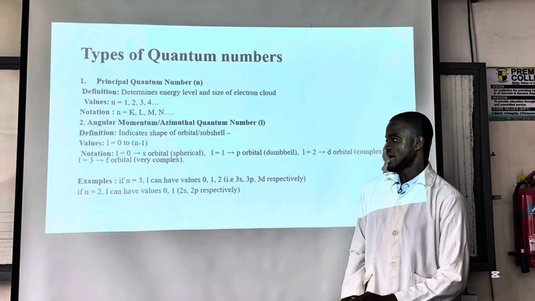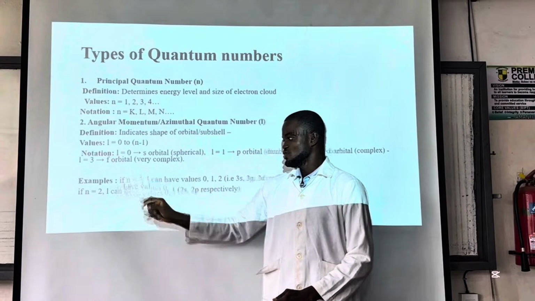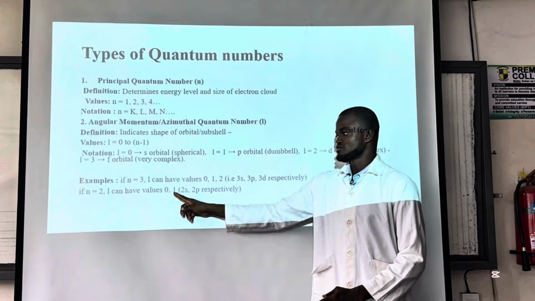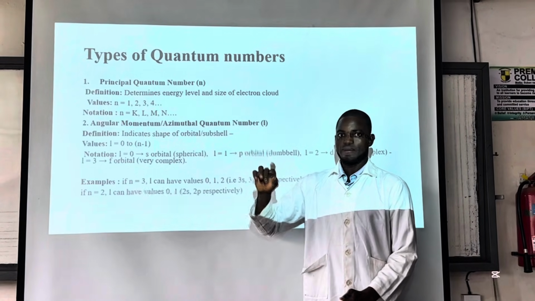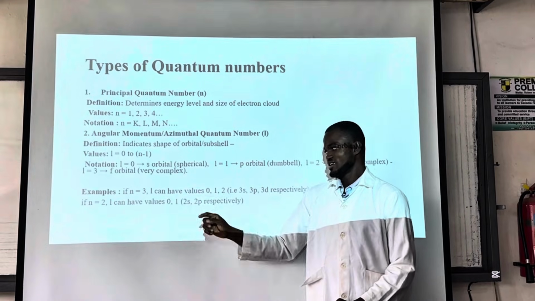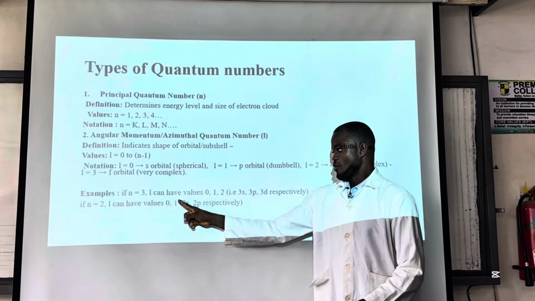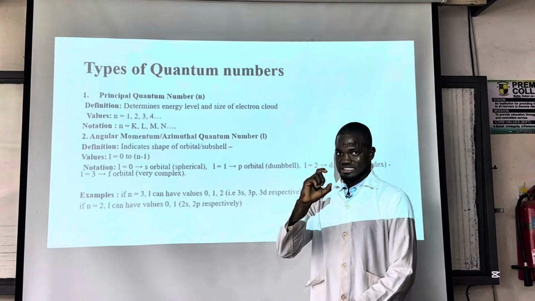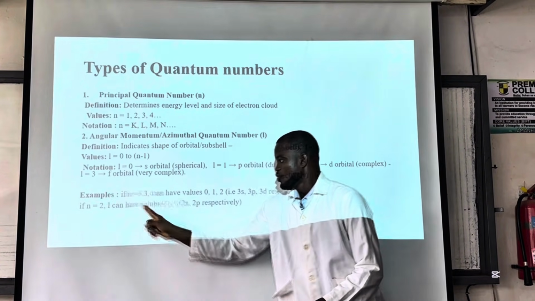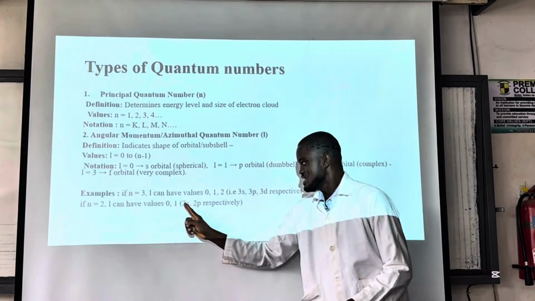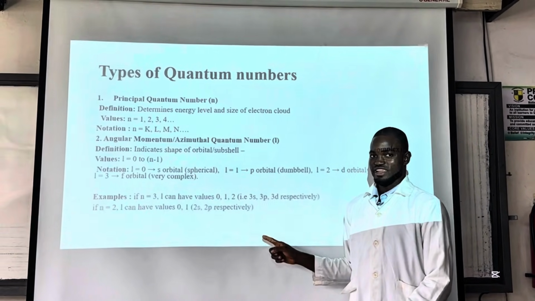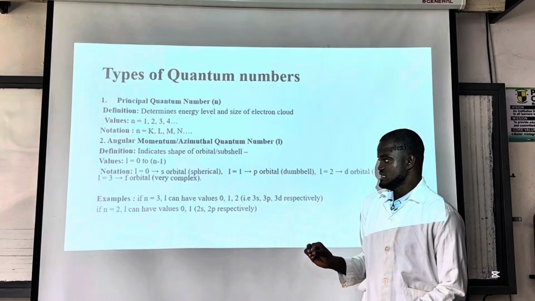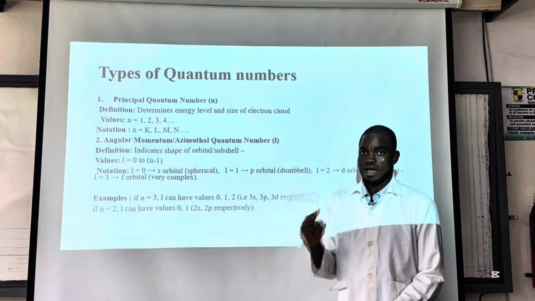Another example is that if n is equal to 2, then l can have values of 0, 1. Remember, it's always 0 up to n minus 1. So 0, 1. And the 0 stands for s, 1 stands for p, which means in designation we have 2s and we have 2p, respectively. So it only means that in the second shell we have 2 subshells.